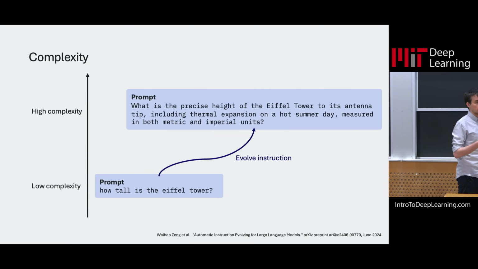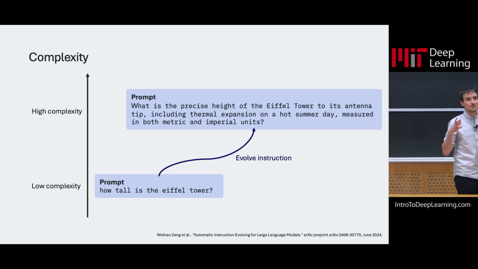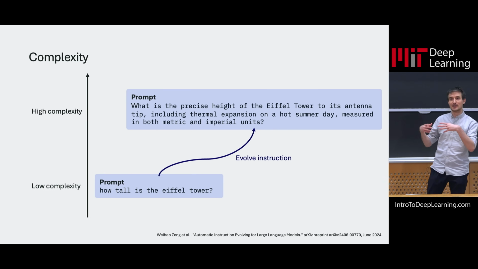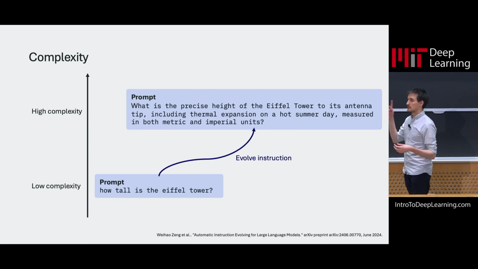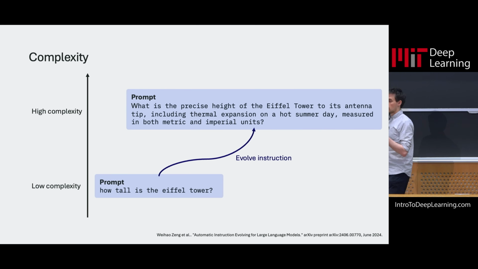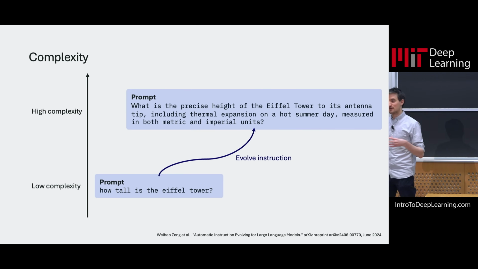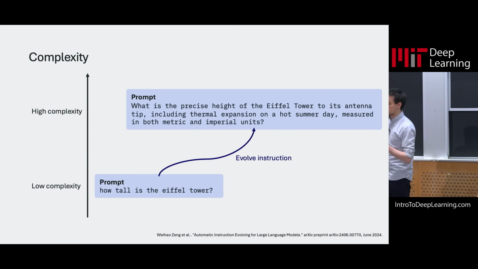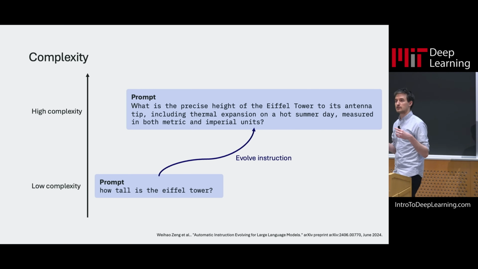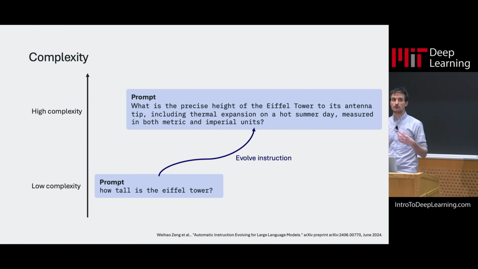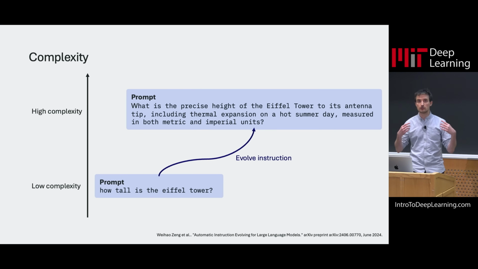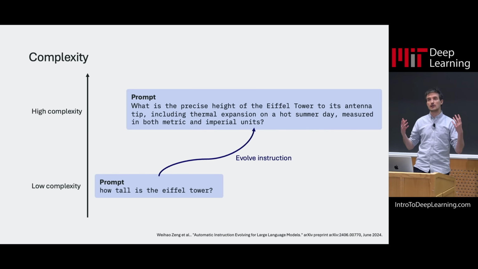Basically, you just ask an LLM to rephrase your prompt to increase the complexity, and this is what it produced. Here, the complexity is not crazy high either, but it's definitely higher because you see that it has different layers. It has a lot more details, and we're asking for several answers and not just a single one. So this is a good way to increase the complexity of your samples.